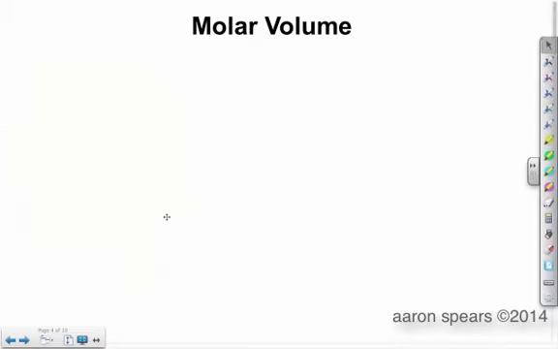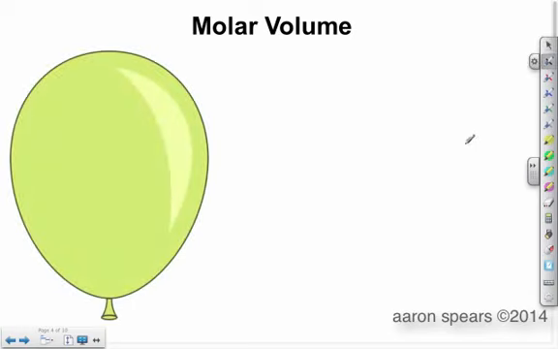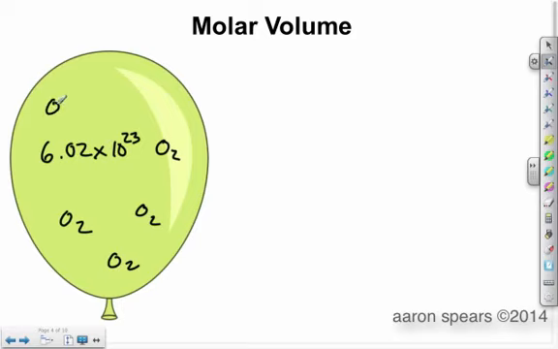Now, what is molar volume? Well, to understand molar volume, imagine there's a balloon. And in this balloon, we are going to fill it with Avogadro's number of oxygen molecules. And these oxygen molecules are going to fill up the balloon. Because gases have pressure, they're going to push against the insides of the balloon, and the balloon is going to expand. Now, how far does the balloon expand?